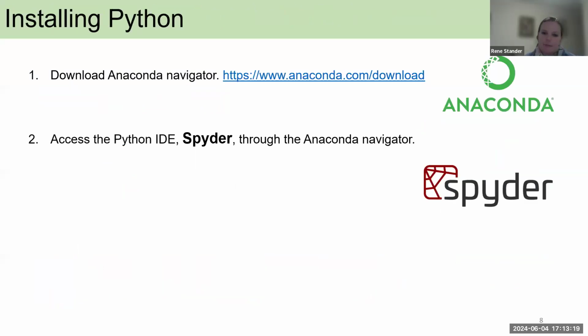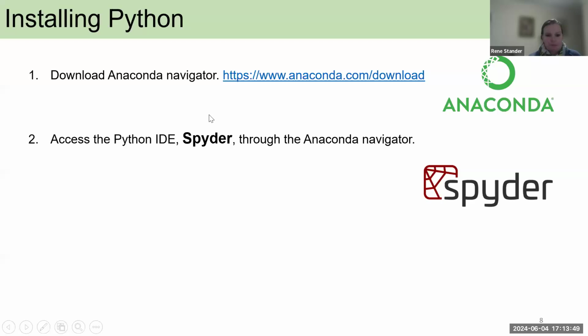Okay. So, installing Python. As with R, you need the raw language as well as an IDE, something like a shell that you can work with. With Python, the best way to do this is with the Anaconda Navigator. If you download the Anaconda Navigator, you actually download everything that you need for Python to work on your device.